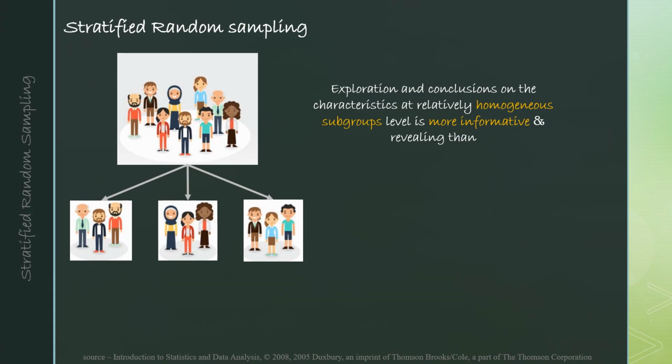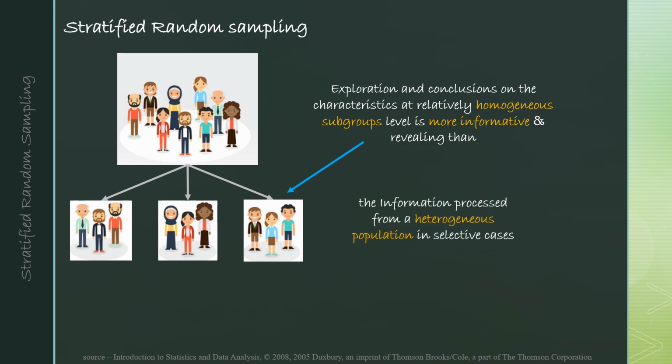Exploration and conclusions on the characteristics at the relatively homogeneous subgroup level are, in selective cases, more informative and revealing than the information processed from a heterogeneous population. Don't forget, we don't miss out on the information at the overall population level, just that we process a lot more useful information at every subgroup level.